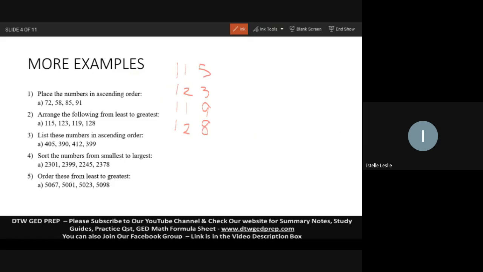Same thing, we start from the left. But in this case, when we look at the 100 position, all of them are the same. They are all 1, 1, 1, 1. So that means we have to move to the next place position. So we move here. When we move here, which number is the smallest?